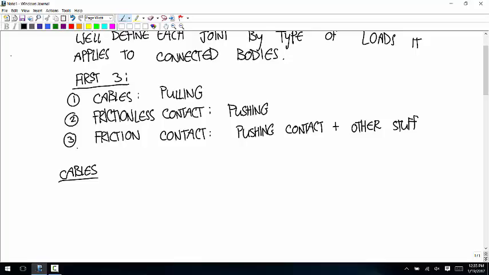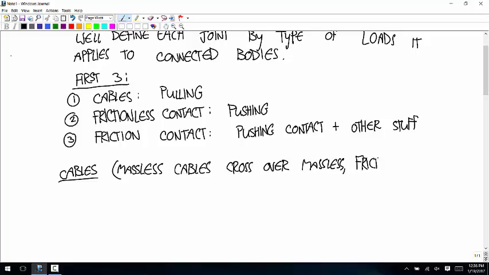We are only going to be dealing with massless cables that cross over massless frictionless pulleys. It sounds like a lot of assumptions to make, but it's usually a pretty reasonable assumption.